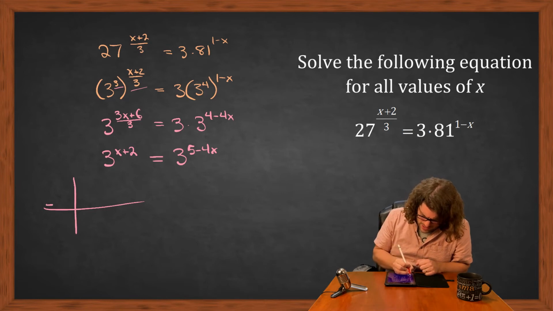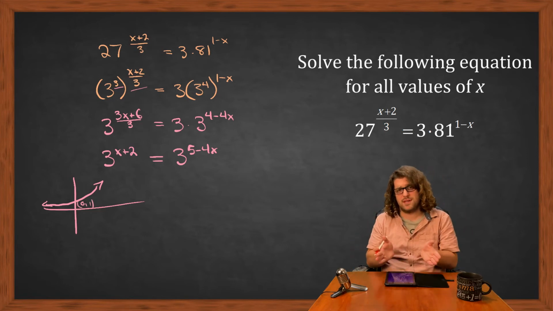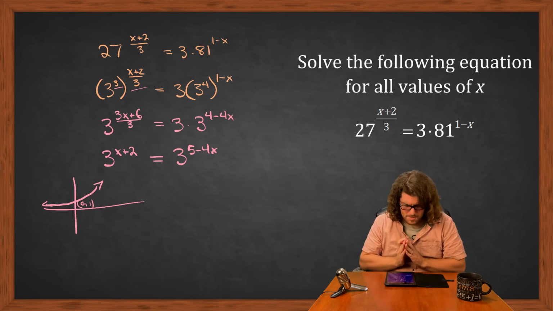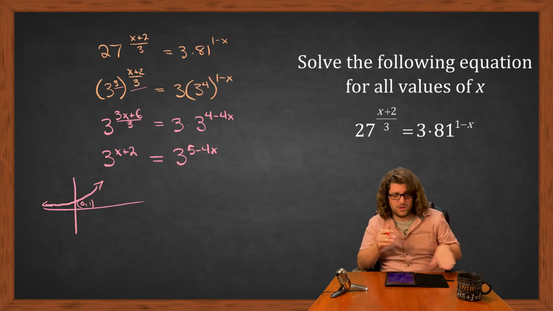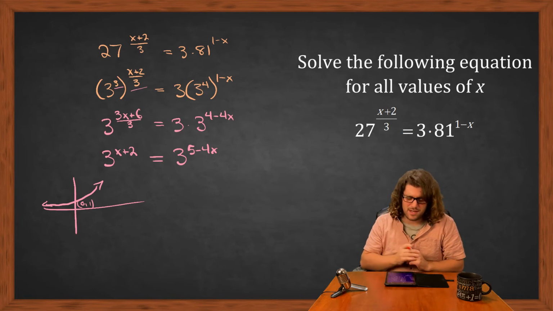A normal exponential function is going to go through 0, 1, and it's going to grow really quickly up to the right because these are both bases that are greater than 1, and it's going to have very low values as it goes out to the left. So that's the shape that it has.